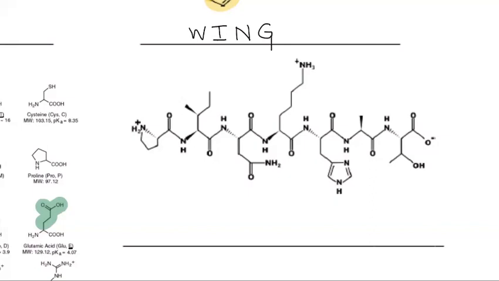Let's put it in the chat. Excellent. I see the 7 being populated. So we have 1 amide, 2 amide, 3 amide, 4 amide, 5 amide, 6 amide, 7.